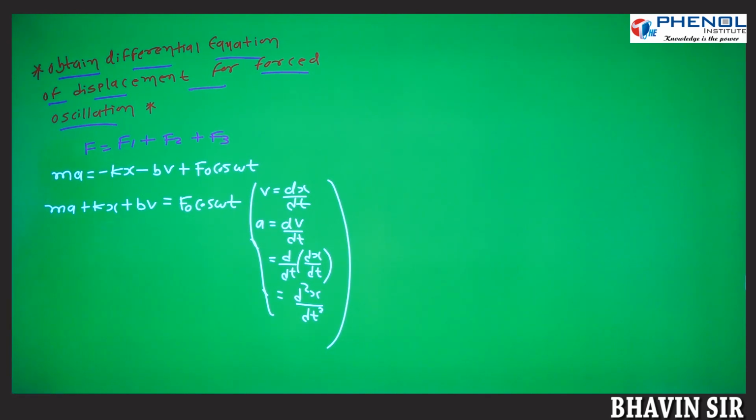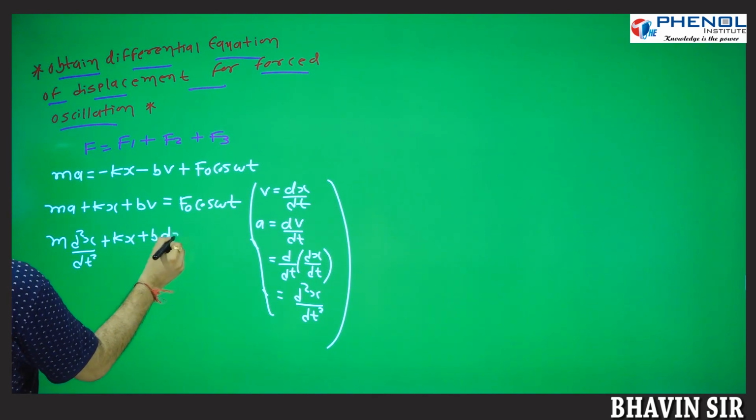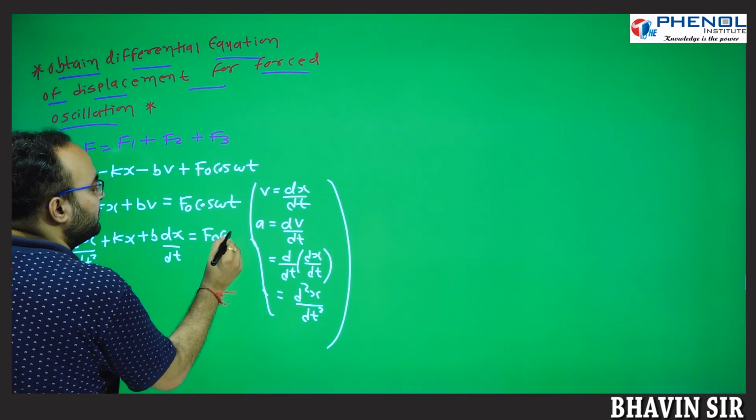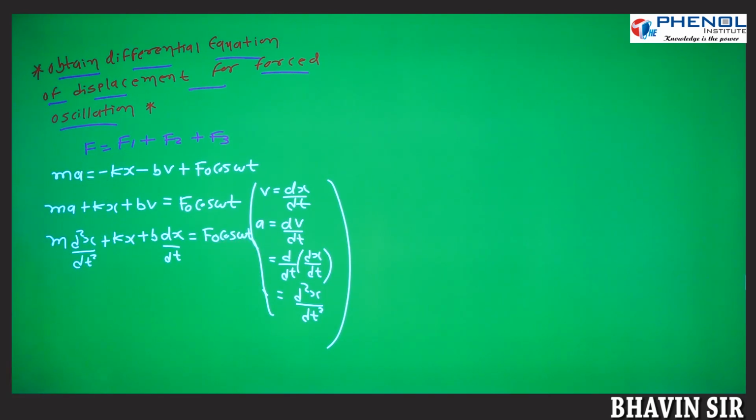So the equation becomes m d square x by dt square plus b dx by dt plus kx equals F naught cos omega t. Now divide by m.